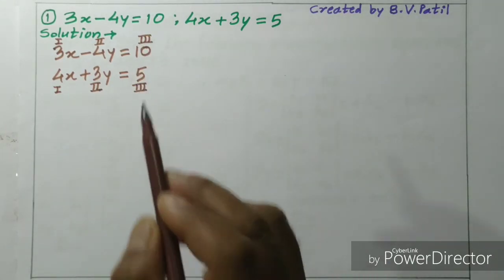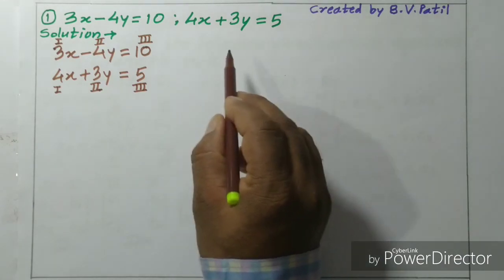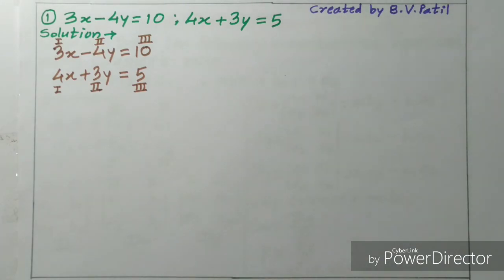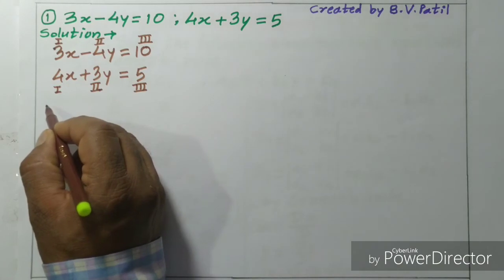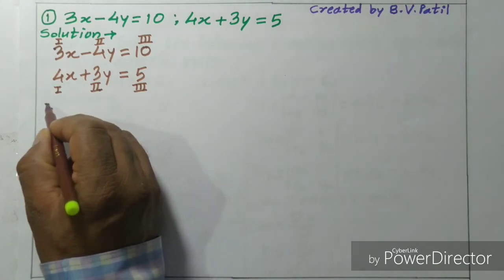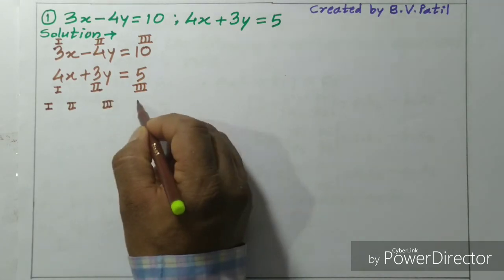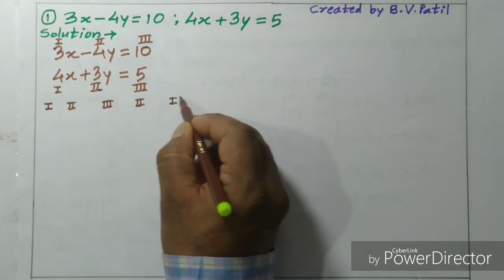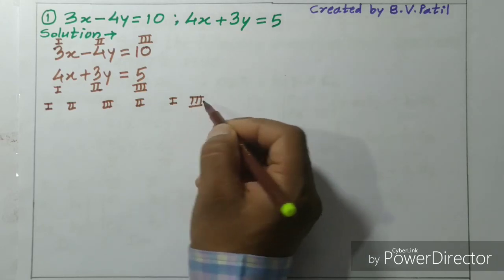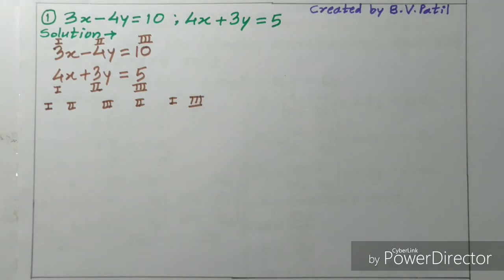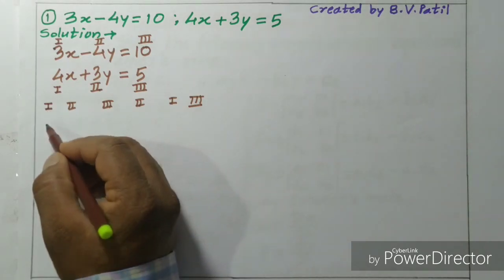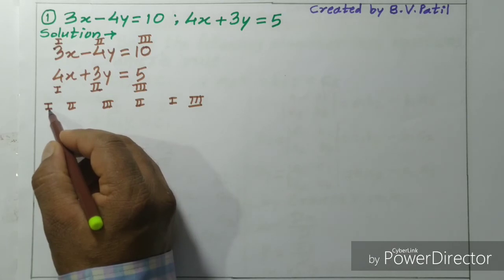Then we solve these simultaneous equations by Cramer's rule. For using Cramer's rule, first, second, third, second, first, third. That is the simple form for using Cramer's rule. First we write the coefficients of x.